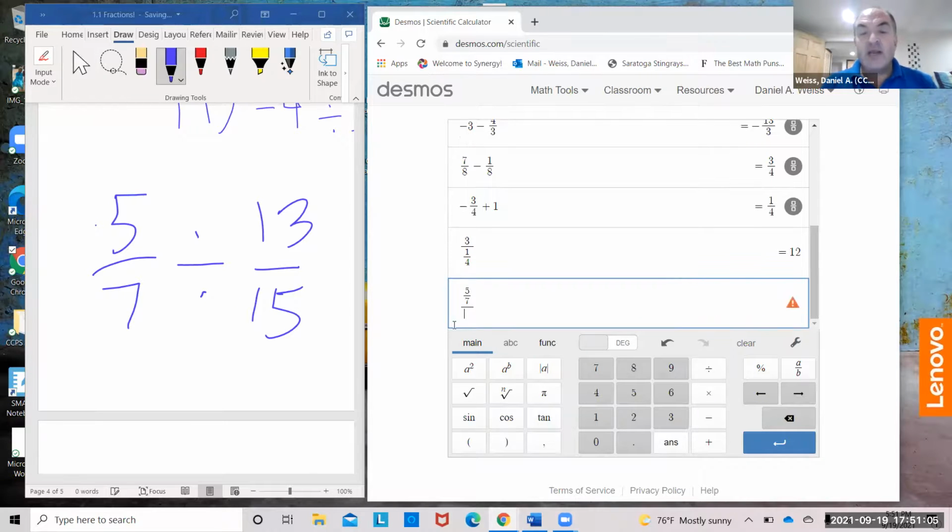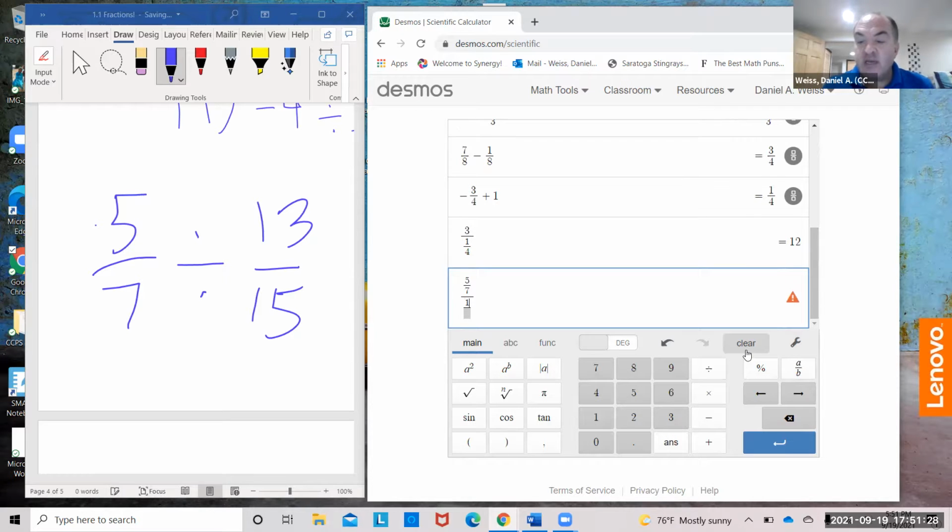Look at that bar again. Notice how this bar is bigger than this fraction here. That's what it does for divide. It's just how it does it. Looking up here, you see how this divide bar is bigger than this fraction bar here, right? So I'm going to divide by, again, hit fraction, and do 13 on top, and then click on the bottom, 15. I have this very funky decimal.